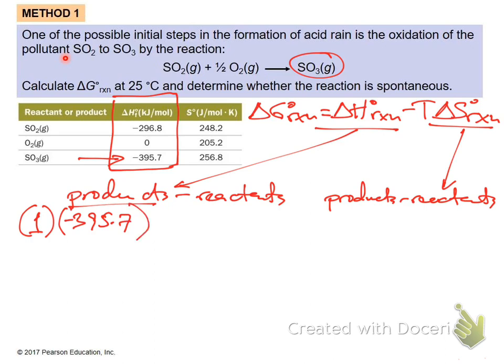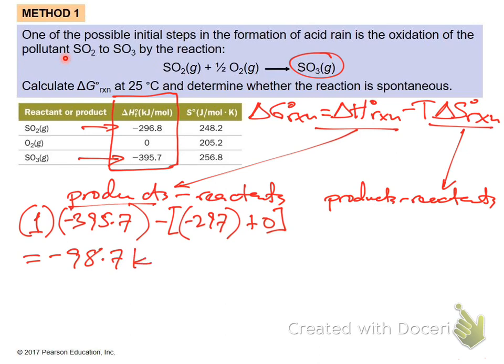And then we're going to subtract the reactants here. So we have 1 mole of sulfur dioxide, which is negative 297, plus oxygen, which is 0. So the delta H of reaction is going to be equal to negative 98.7, and this is in kilojoules.